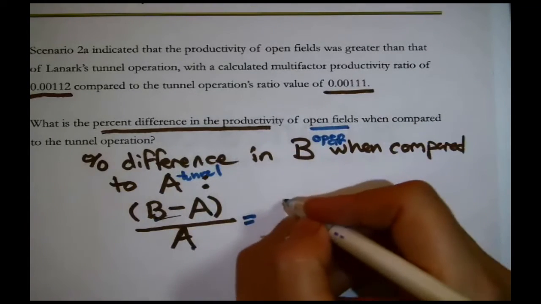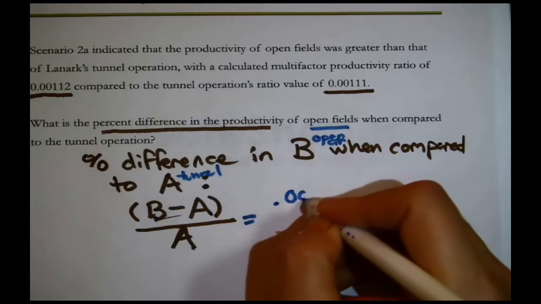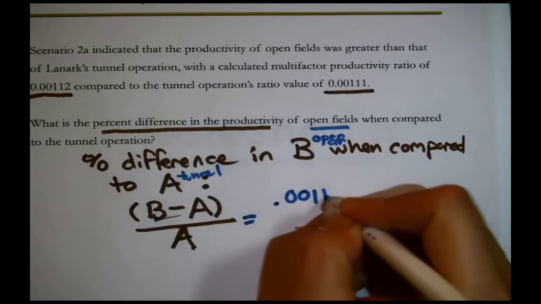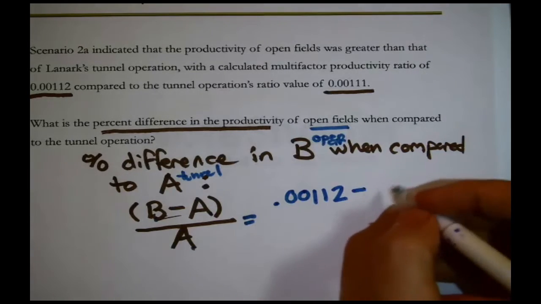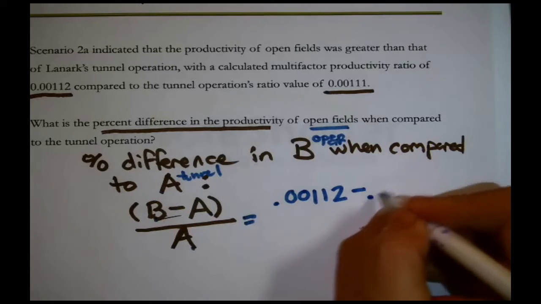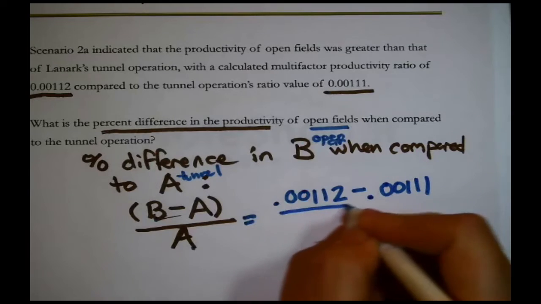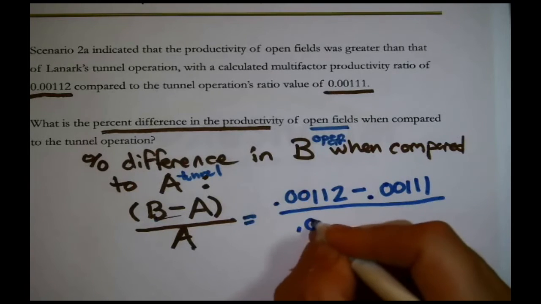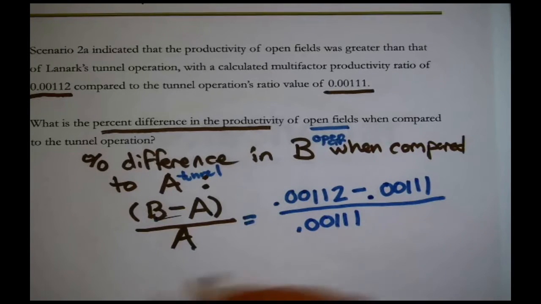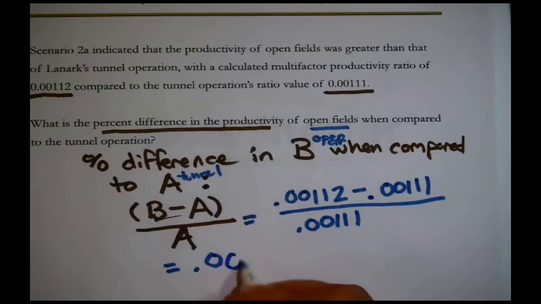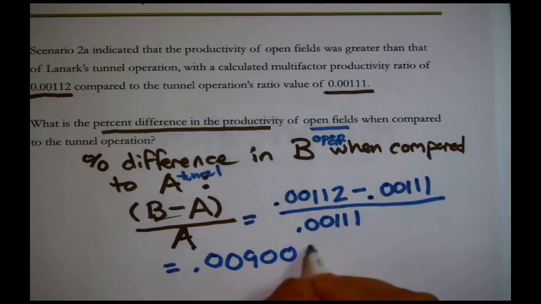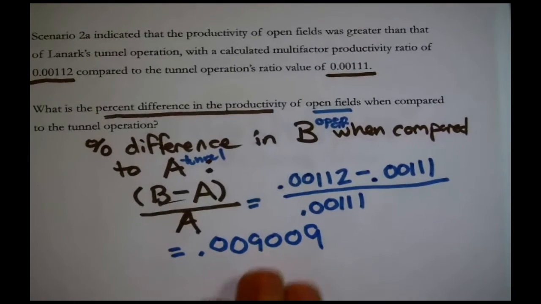Let's see, the open air fields productivity measure was 0.00112, that's B, minus the tunnel operation 0.00111, divided by 0.00111. Okay, I get a small number, 0.009009, basically, and this is a percent.